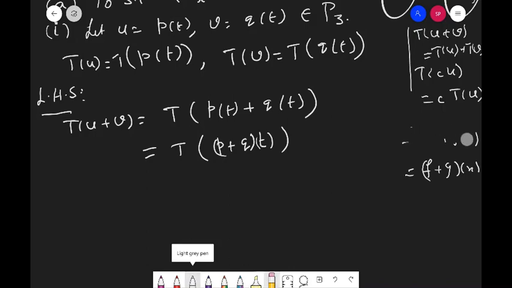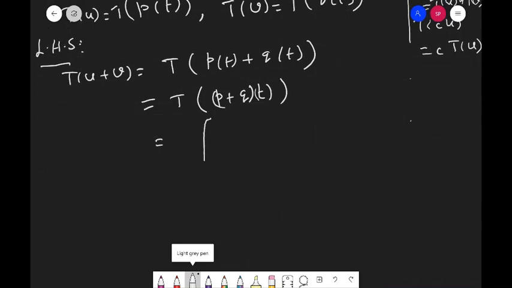Then by definition, it is the column matrix P plus Q of minus 2.